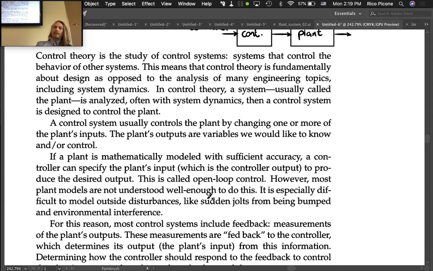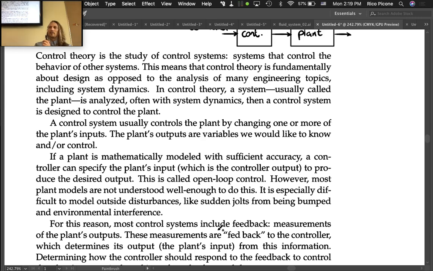However, most plant models are not understood well enough to do this. It is especially difficult to model outside disturbances like sudden jolts from being bumped and environmental interference. So if you say, I know this plant perfectly well, I need this much voltage to get this arm to be in a certain position, you're relying on your model being perfect and nothing that you didn't predict ever happening.